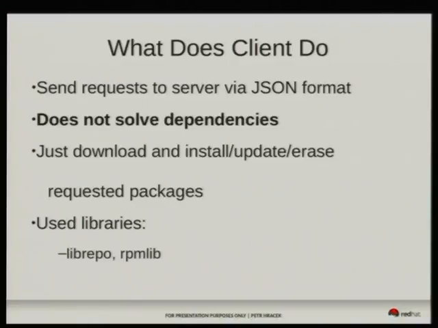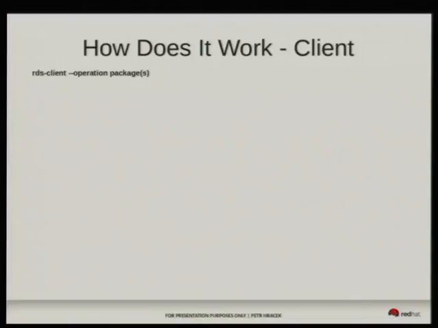So, how does the client work? In the terminal, you will type some command like you can see on the top of this slide: rds-client, type of operation that you select. You can choose install, update, or erase. And the list of packages that you want to install or do with the packages, the requested operation.